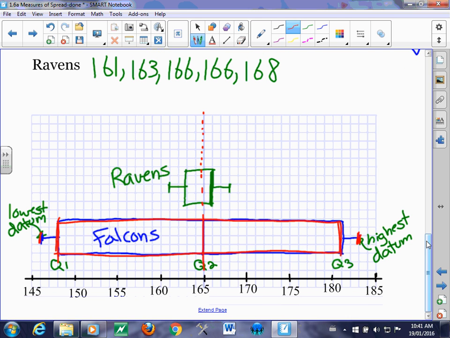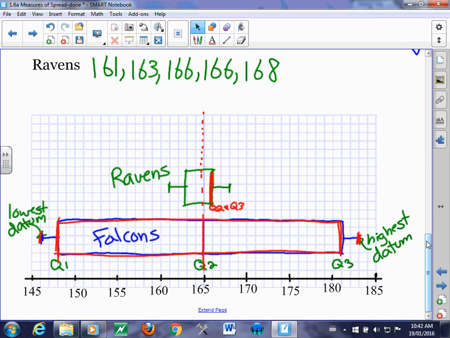Just looking back on my notes, for the Ravens, the median was 166, okay? So the median is right here. Now this is interesting because Q2 and Q3 are at the same spot here, because they're similar heights there. All right, so that's a box and whisker plot.